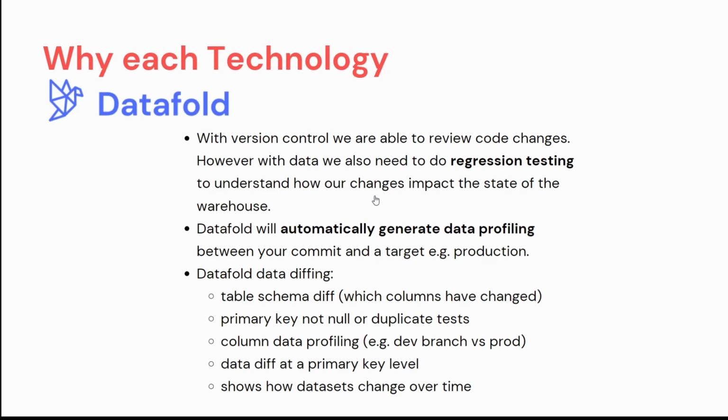For instance, here we've been using, in our DataOps pipeline, the merge request and comparing that to production, so we can get deltas in the data. Datafold data diffing allows us to detect any differences in our tables, such as columns that have changed in name. We can also see primary keys that are not null, or any duplicates that have been introduced. We get to see column data profiling to understand the skew of our data, and we can also see how our data sets change over time.